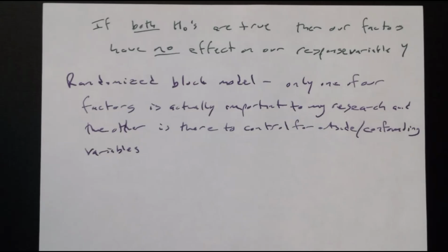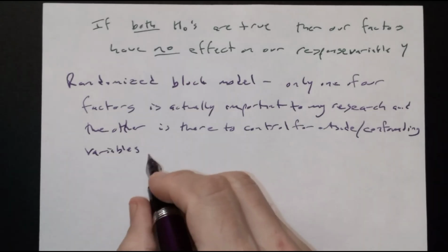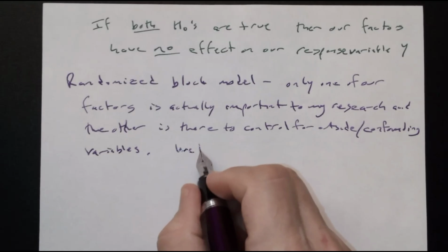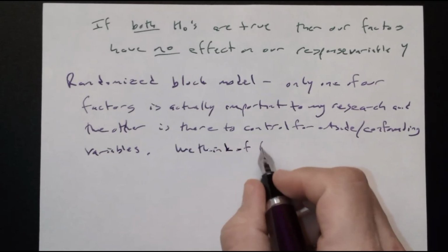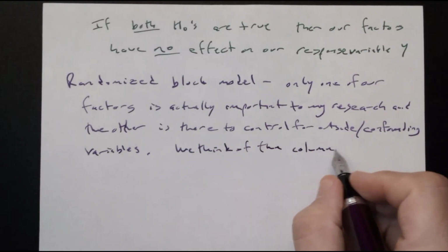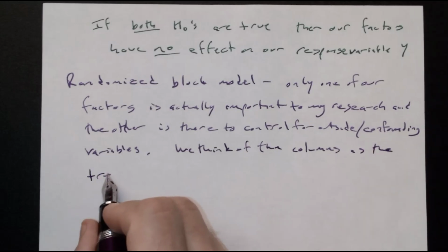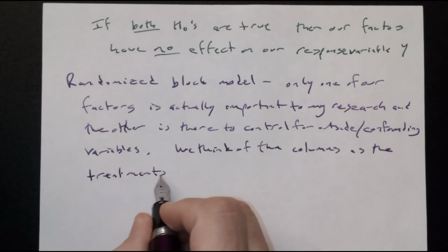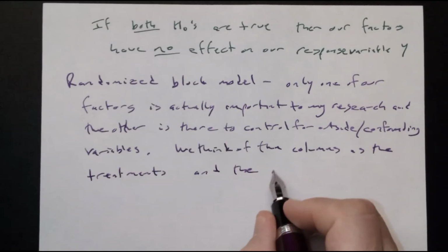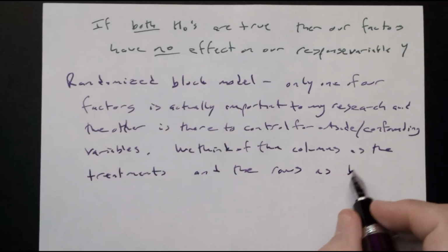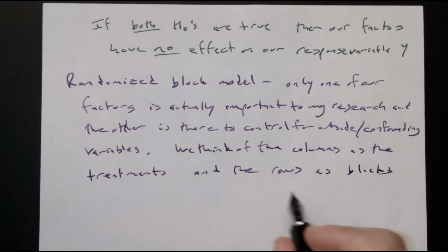In this case, I really think of only one of my two behaviors as mattering. And I'm gonna put those in the columns most often. And the phrase for that is to think of the rows as the blocks.